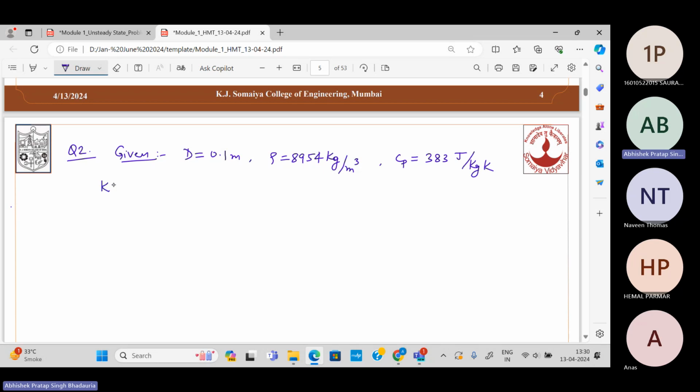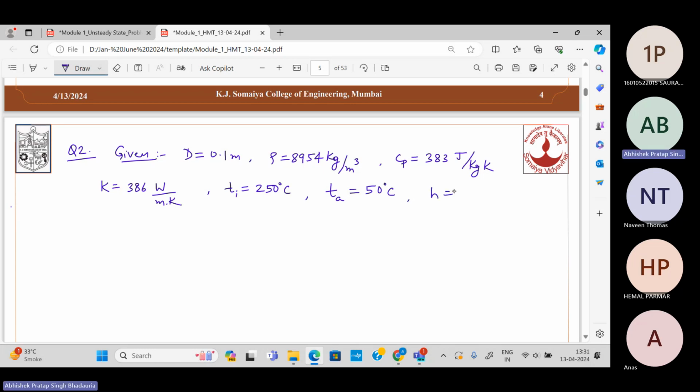The thermal conductivity value is given as 386 watt per meter Kelvin. Initial temperature is 250 degrees Celsius. Ambient temperature is 50 degrees Celsius.